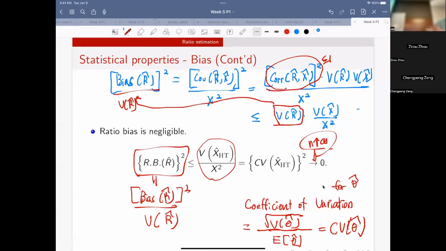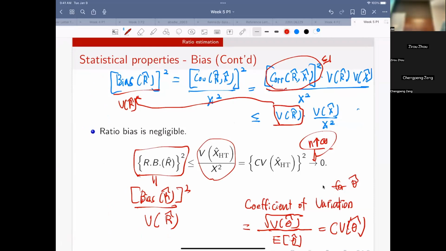So that is basically all about the property of ratio bias, the bias of the ratio estimator. You may wonder, so what?